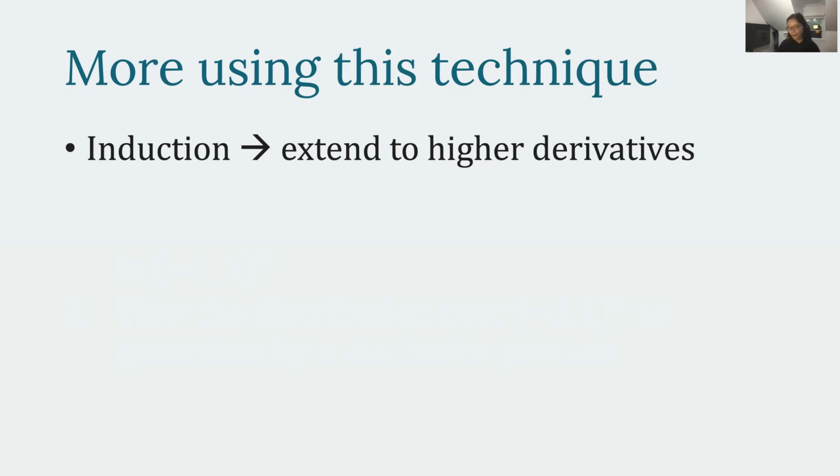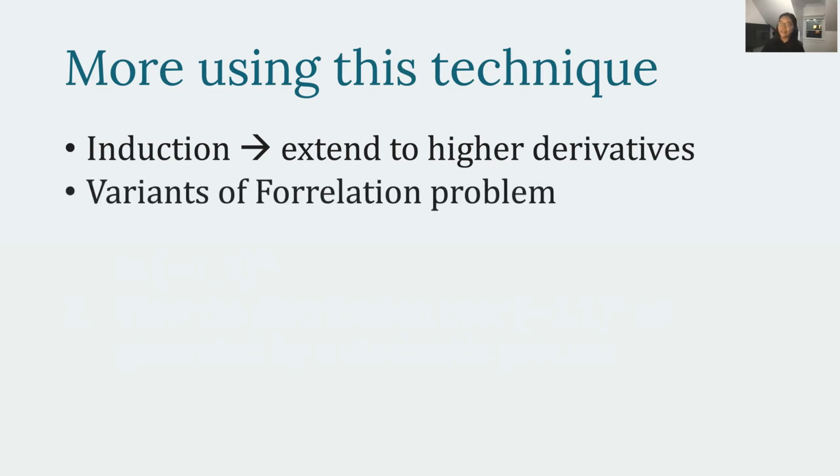It gives some other separations between other complexity classes, and so it solves some variants of the Forrelation problem. And some of the newer results also use variants of this kind of idea in the proof, like using Gaussian interpolation, to solve these problems.